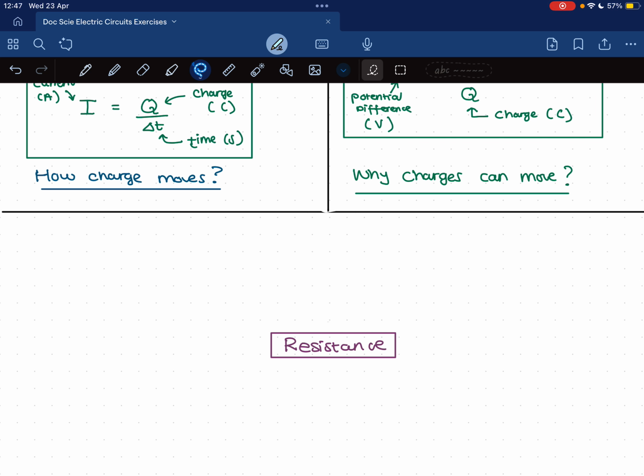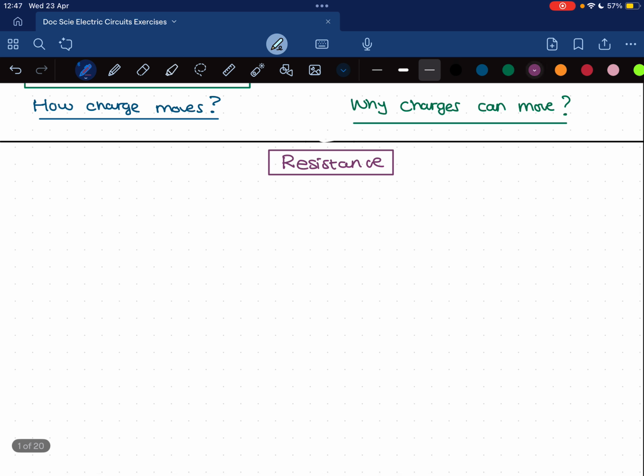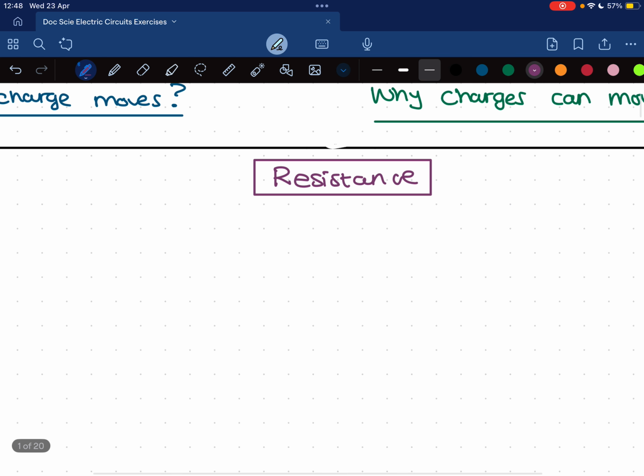Resistance looks at, first of all, the fact that all charge is going to experience some sort of resistance. So resistance is understood as this opposition to the flow of charge.